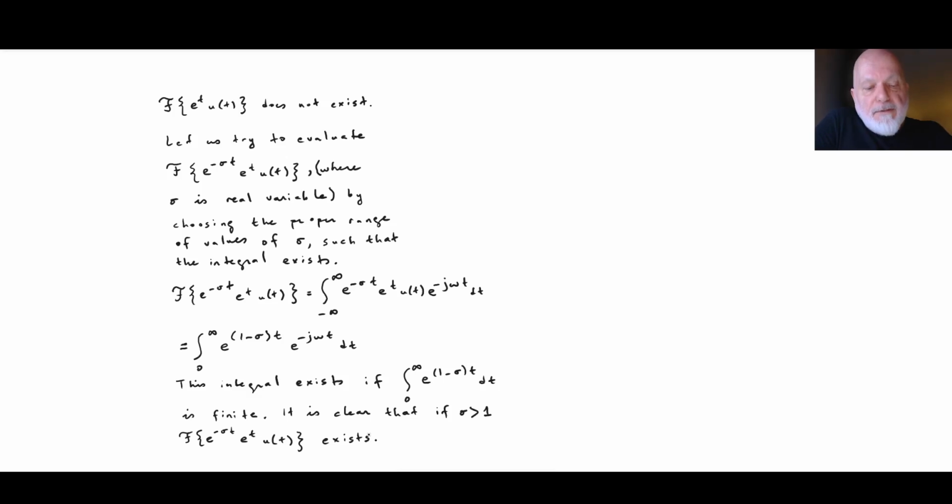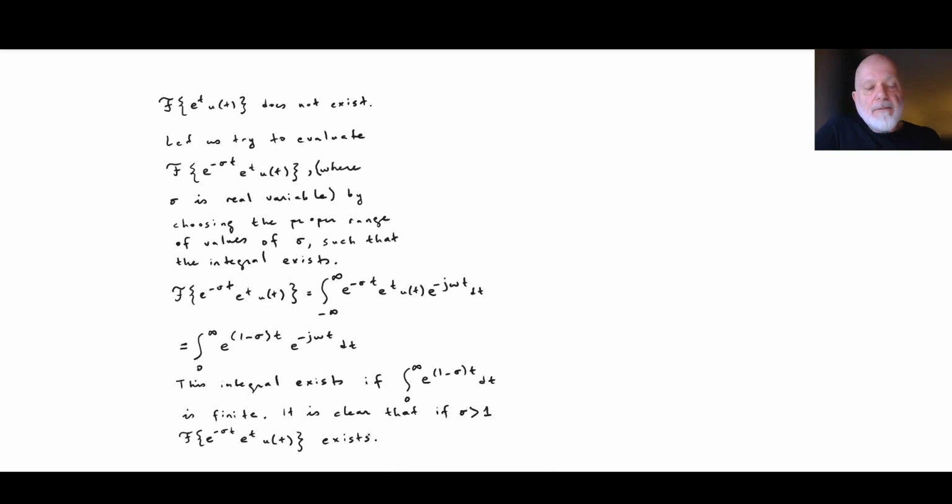So it seems that we have a clever way of handling such signals. Signals which are not absolutely integrable, and therefore it's not possible to calculate their Fourier transforms.